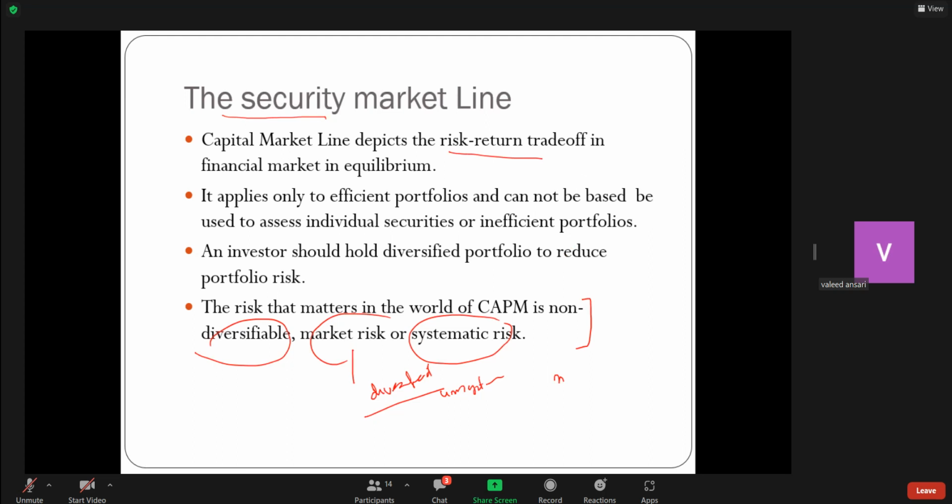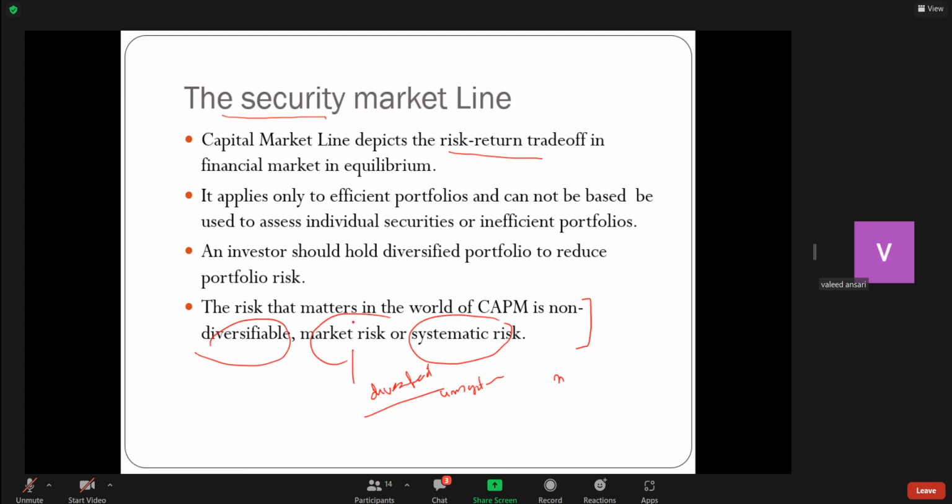And that is why it relates the return of the security to the market, some broad index which I just hinted at, Nifty and others, and tries to find how sensitive the stock return is to the market return. The higher the sensitivity, the more the return; the lower the sensitivity, the less the return.